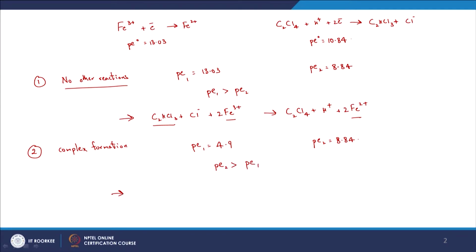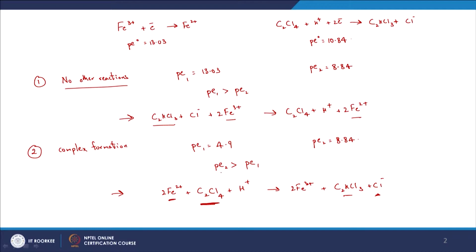Thus the overall reaction would be 2 Fe2+ going to 2 Fe3+ while reducing C2Cl4 to C2HCl3. So in this case ferrous iron can reductively dechlorinate, and by reducing the oxidation state of carbon, that is what you see. So it is reductive dechlorination of PCE here, the tetrachloro or perchloroethylene.